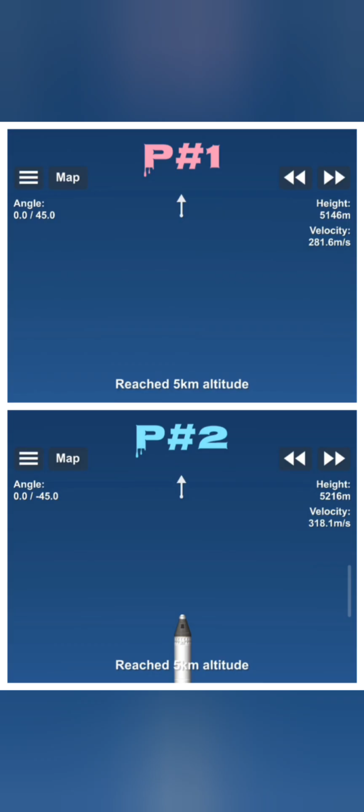This is 5 kilometer altitude. The velocity of rocket 1 is 281.6 meter per second, and the velocity of rocket 2 is 318.1 meter per second. Move to the next.